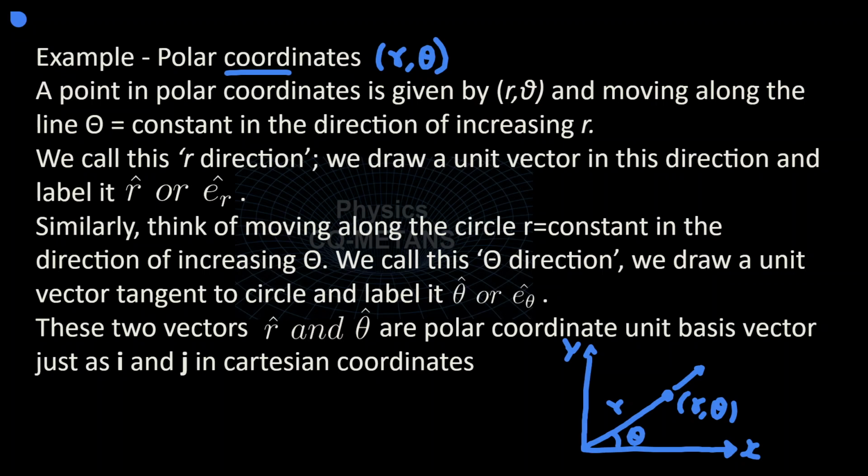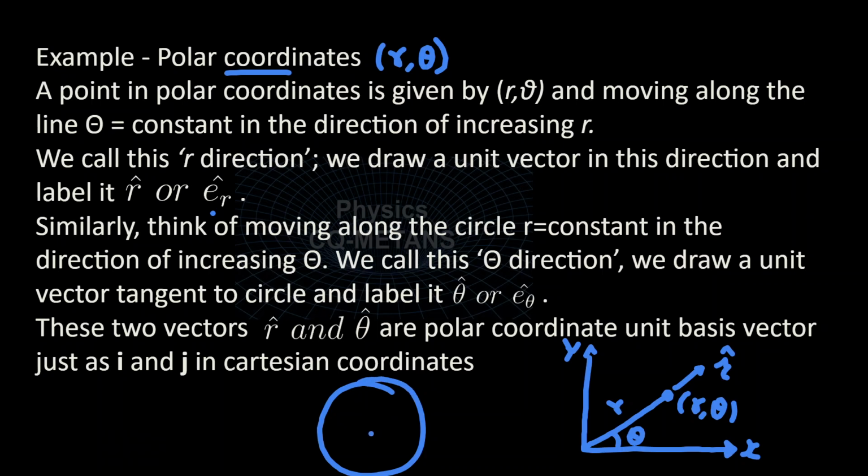We call it the r direction, so there should be an associated unit vector, which we will name r cap, or in the textbook you will find it as e_r cap.